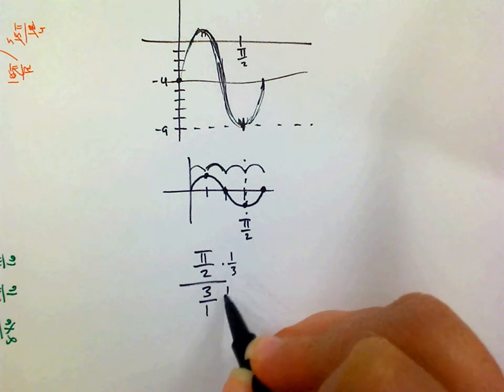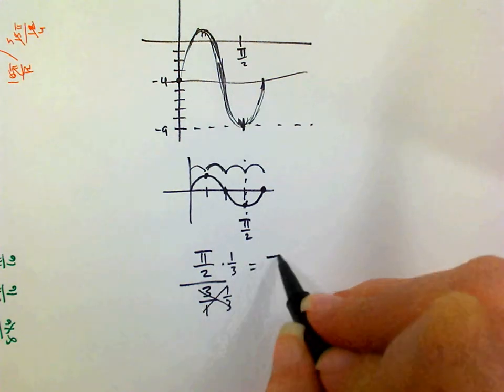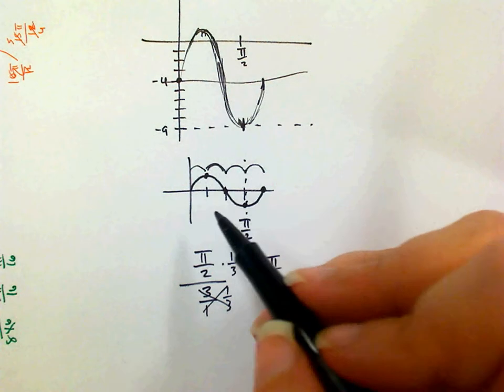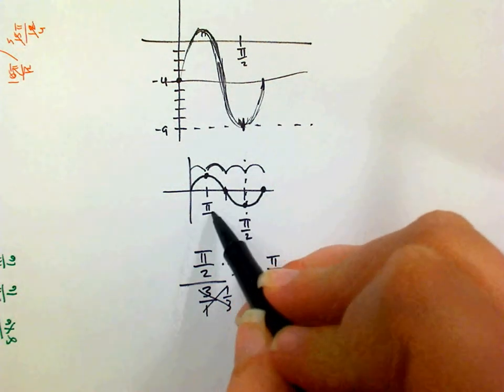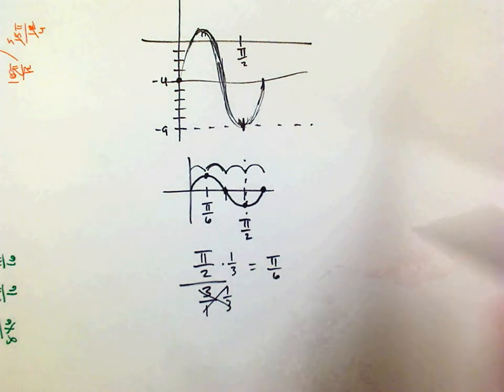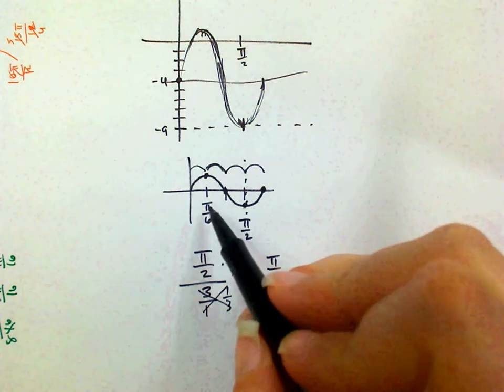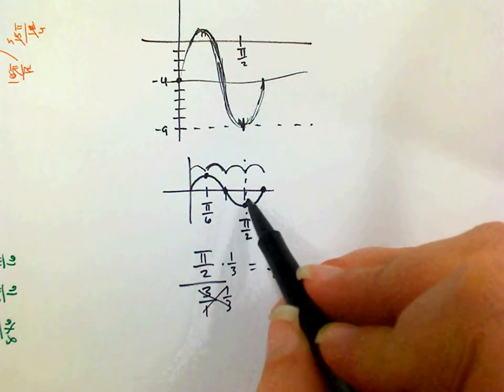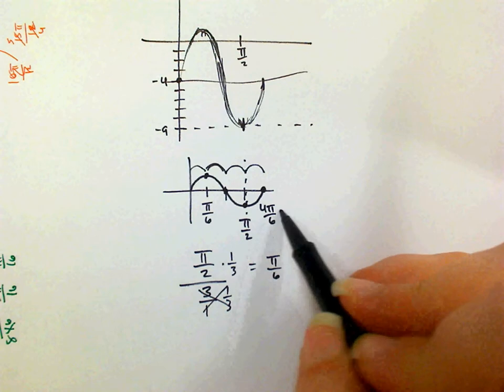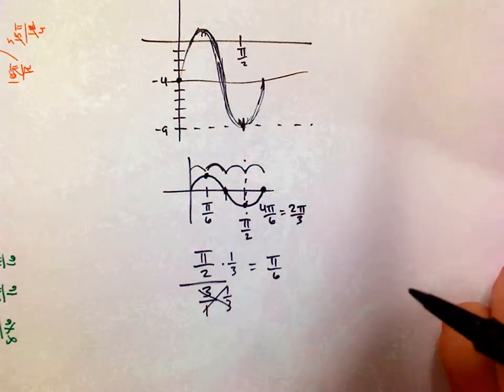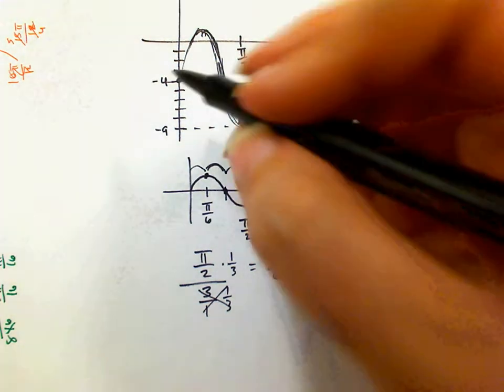So that's 1/6, 2/6, 3/6, 4/6, which equals 2/3. So you could do a positive sine wave, y equals positive sine. Your midline is negative 4, and your amplitude is 5. The distance right there is 5.